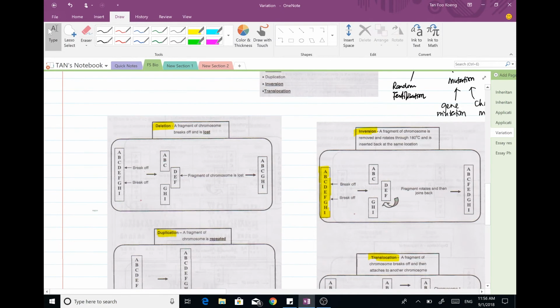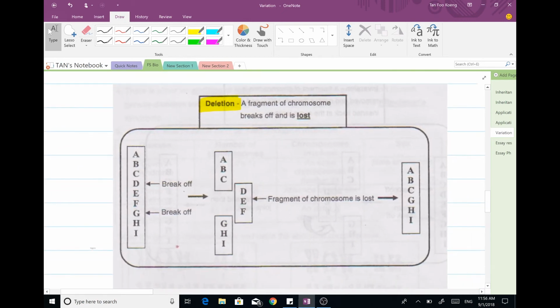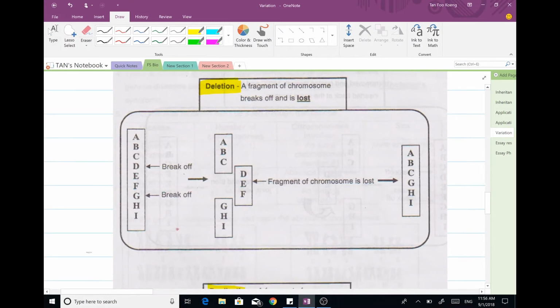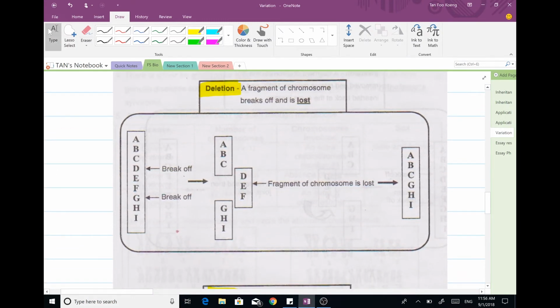Now, what about deletion? A fragment of chromosome breaks off and is lost. It goes nowhere. We do not know where that segment is. It just disappears, making the chromosome shorter.